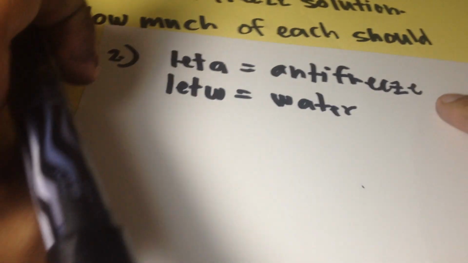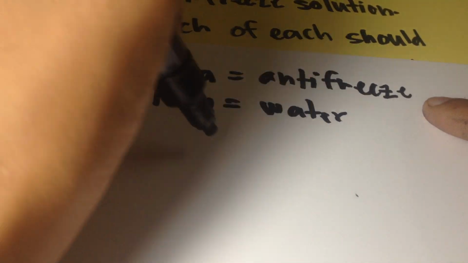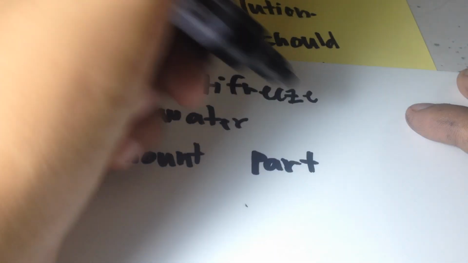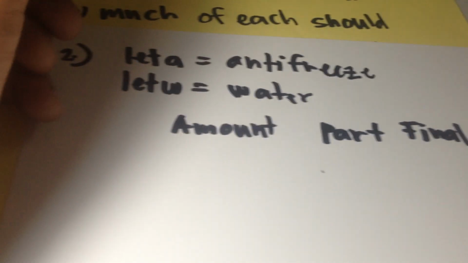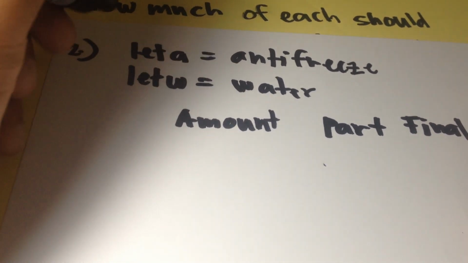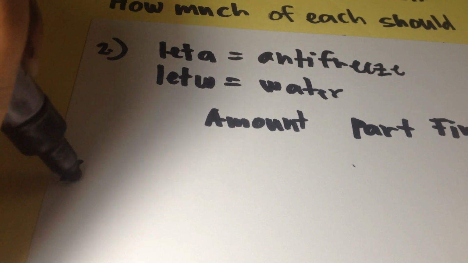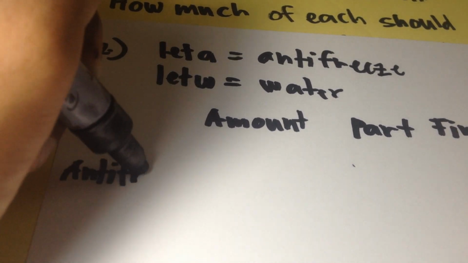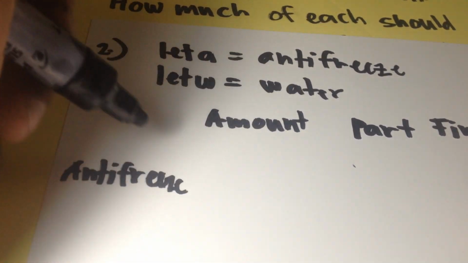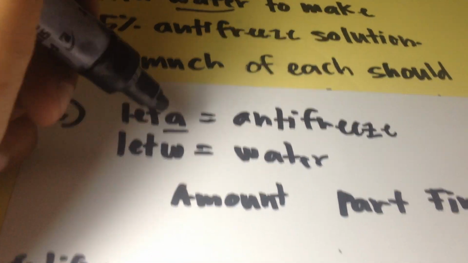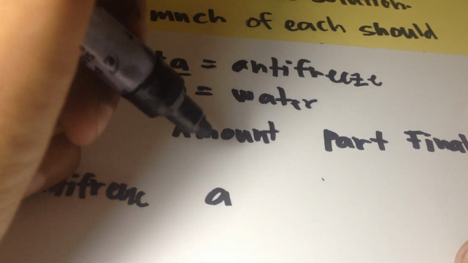So we create a table here with amount, part, and final. This is the antifreeze, so write antifreeze. The amount here is letter A, so you write A here.